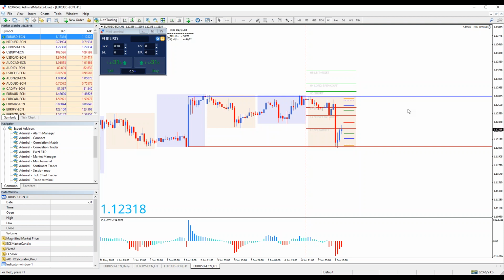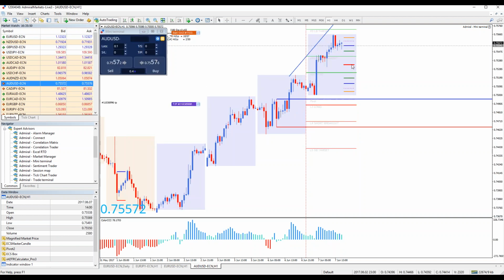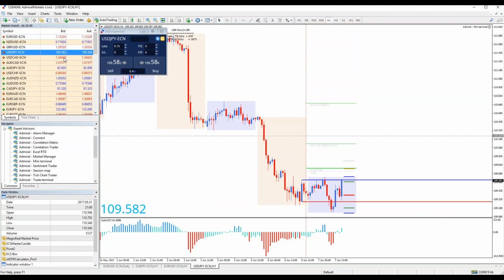Okay, guys, so what we had today, we still have the Australian dollar setup. We have 11 more pips for our pending order to be activated. We had the dollar yen. My entry was 109.38. Due to unexpected news, I closed it for 5 pips, but it's 20 pips up now. I hope that you made some profits on this.